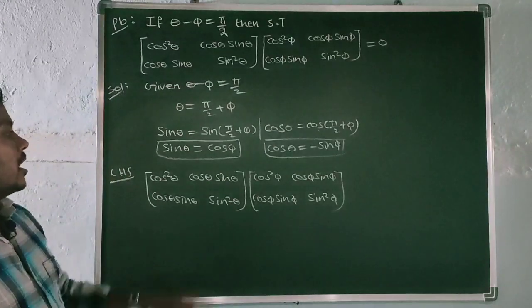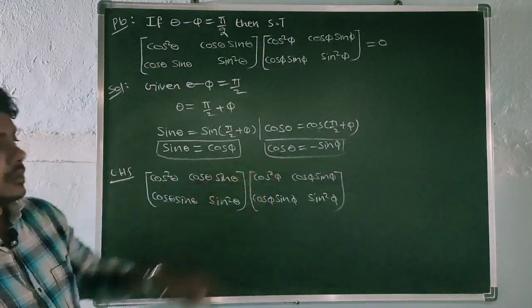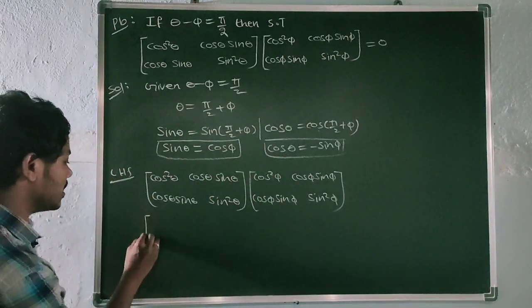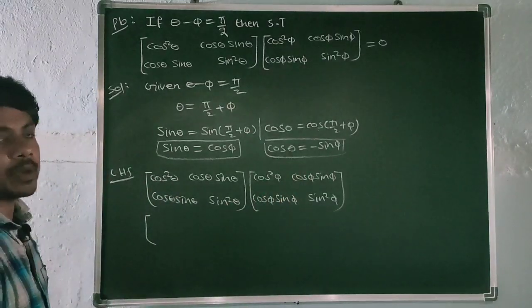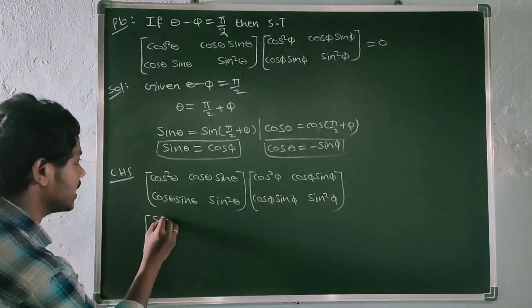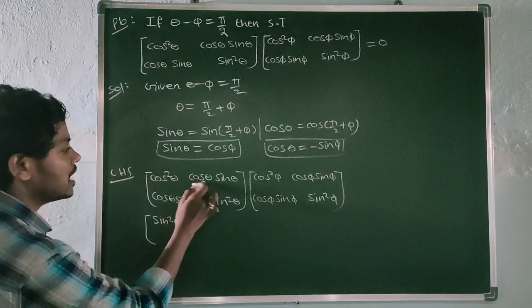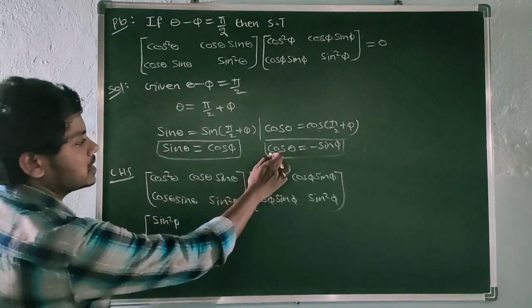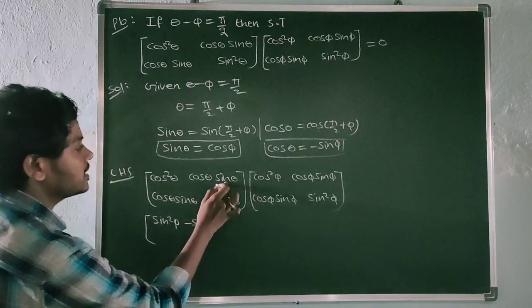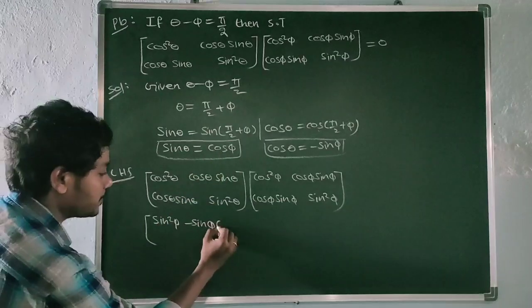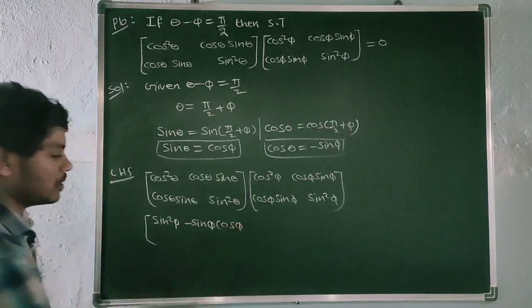Now consider LHS. Now substitute the values of sin theta and cos theta. So this is cos square theta. So what you get? Minus sin phi whole square, that is sin square phi. Cos theta sin theta. So what is cos theta? Minus sin phi. And sin theta is what? Cos phi. Okay.